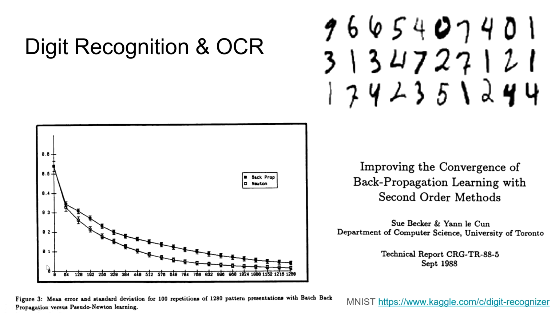So this plot here is the error. The y-axis is how much training happened, and you can see in the end they're getting down to very little error. So like 98% accuracy on this data set. Really cool stuff for back then.